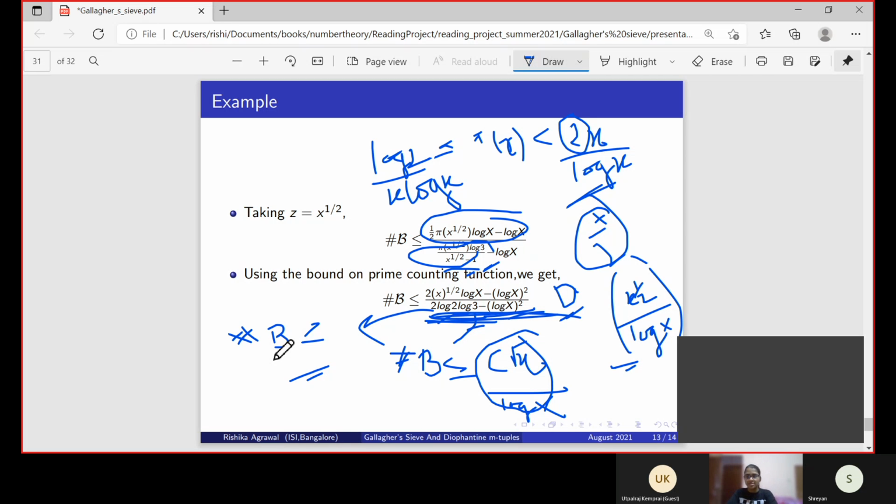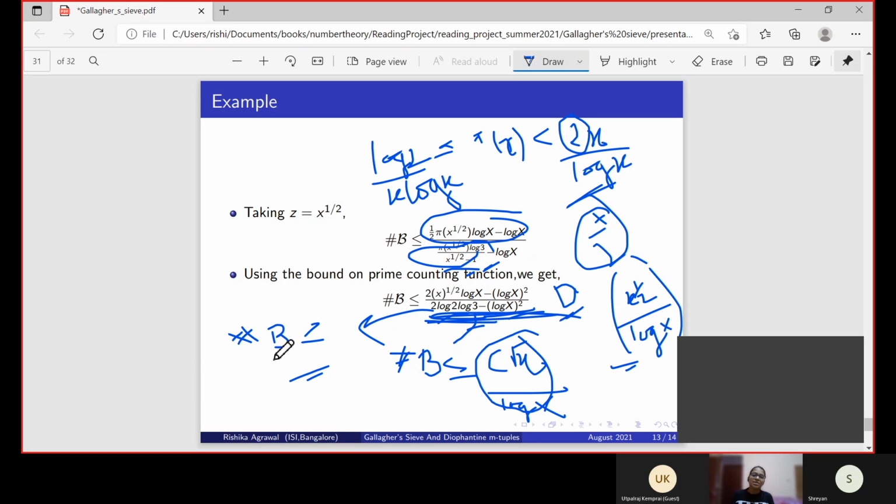Today we have discussed the basics of sieve theory, and then just had a glance at the von Mangoldt function and used that in Gallagher's sieve, and tried to see a vague example of Gallagher's sieve. There are a lot of easy examples that you can try and check if Gallagher's sieve provides really some good bounds on your set.